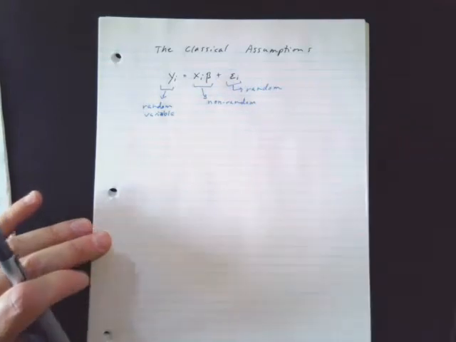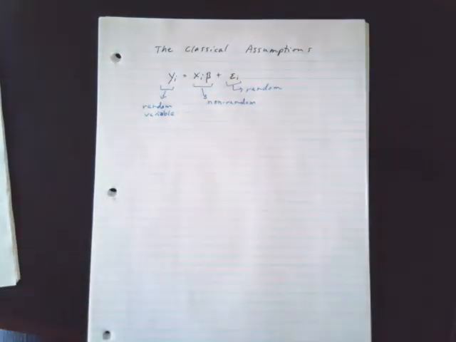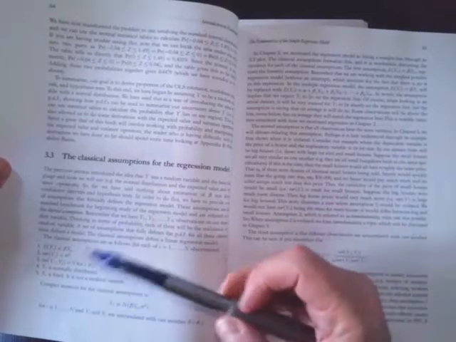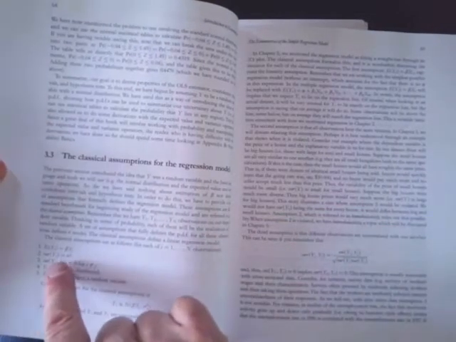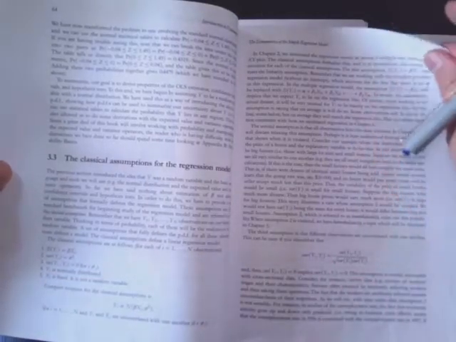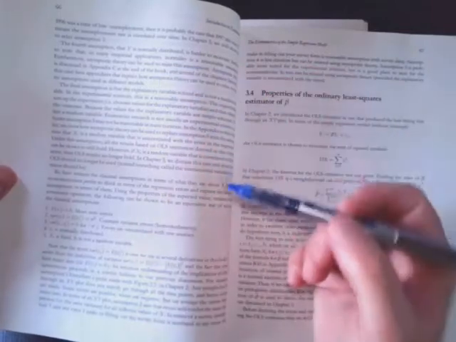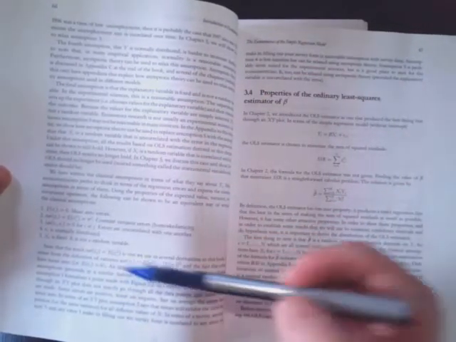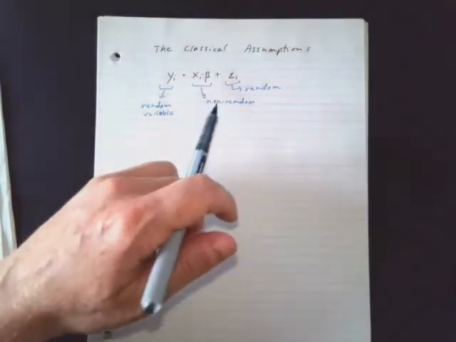And in the textbook, let me just show you over here. On page 64, Professor Koop lists the classical assumptions, but he lists them in terms of properties of the y, the dependent variable. And then over a page on page 66, he relists them as properties of the error term. Now, typically in these textbooks, we list them as properties of the error term.